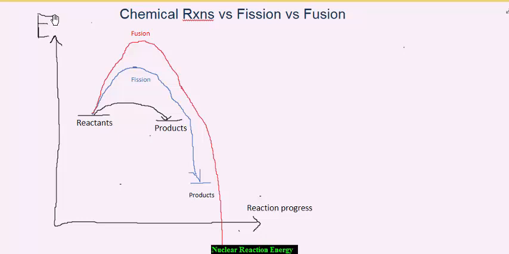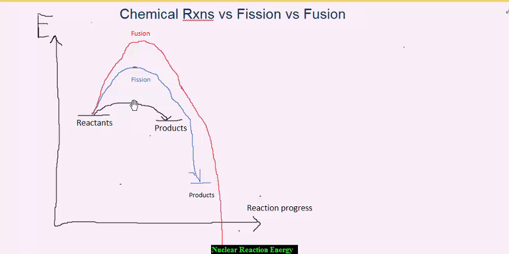We're looking here at a reaction progress diagram. The y-axis represents energy. So we start here with the reactants, and we first have to add energy to get a reaction to happen. Going from where the reactants start to the top of the hill is the activation energy.